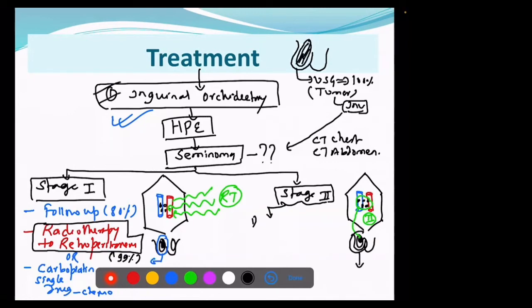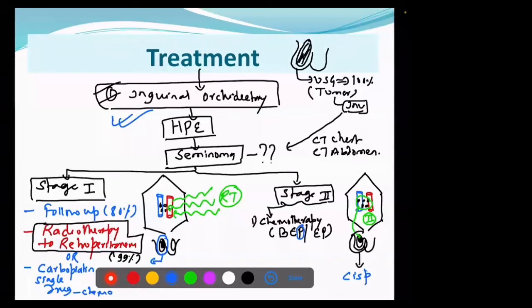So here we have to add systemic chemotherapy by multiple drugs known as BEP, a combination of EP. In this, the most important drug is this P. P means cisplatin.